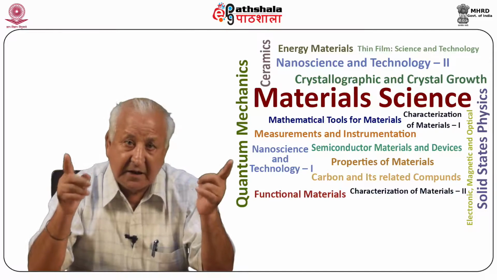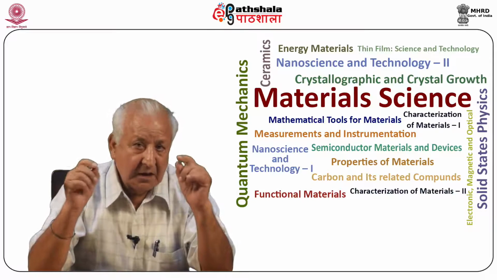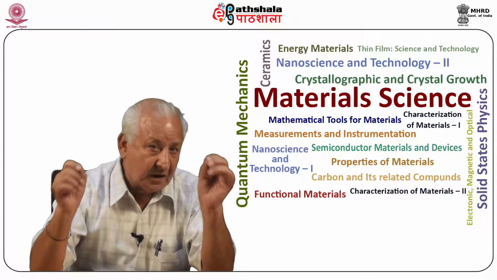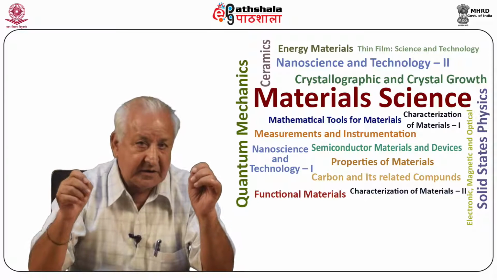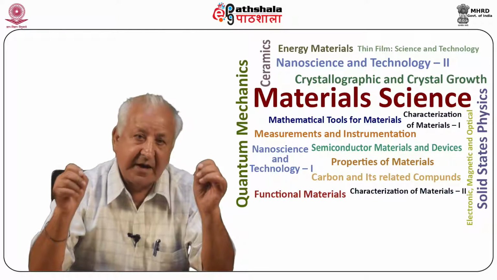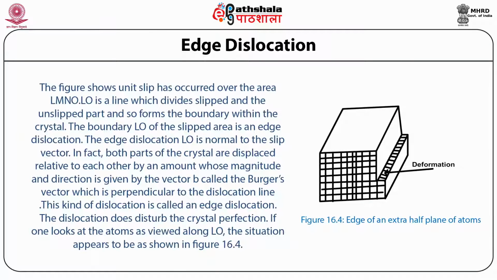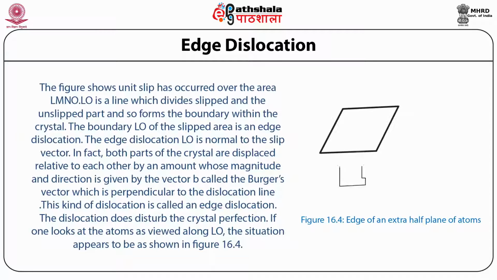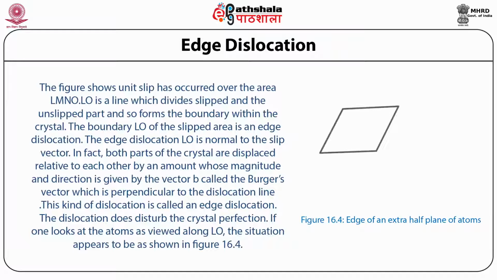However, in real crystals, slip is not uniform over a slip plane. Suppose unit slip has occurred over only a part of a slip plane, as shown in figure 16.3, while the rest of the plane has remained unslipped. The figure shows unit slip has occurred over the area L, M, N, O. LO is a line which divides the slipped and the unslipped part and so forms the boundary within the crystal.